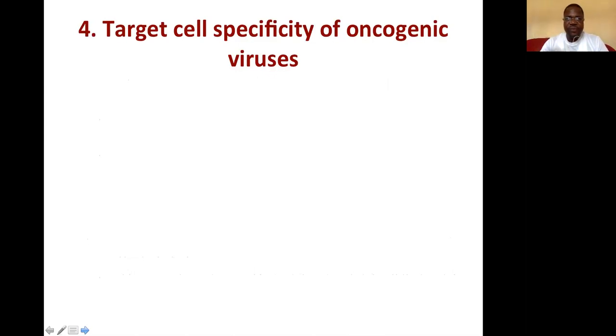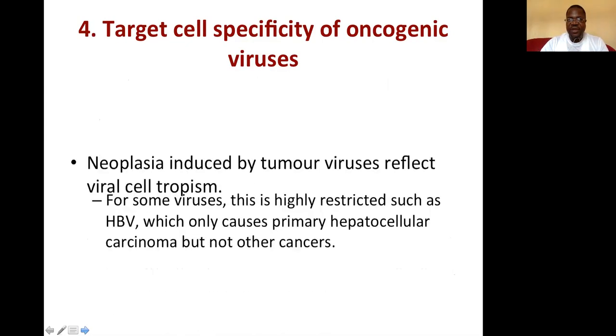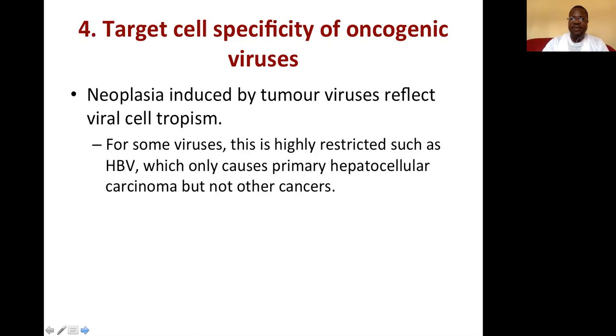Fact number 4, target cell specificity of oncogenic viruses. Some of those viruses have affinity with specific cells or specific organs. Others can have tropism or affinity with different cells. So neoplasia induced by tumor viruses reflects viral cell tropism. For some viruses, this is highly restricted, such as hepatitis B virus, which only targets the liver, causing hepatocellular carcinoma.